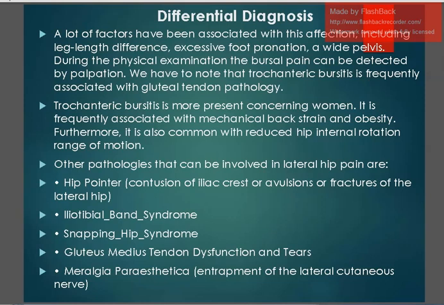Trochanteric bursitis is more present in women, as I said, and it is frequently associated with mechanical back strain and obesity. Other pathologies are contusion of the iliac crest, avulsions or fractures of the lateral hip, iliotibial band syndrome, snapping hip syndrome, gluteus medius tendon dysfunction and tears, and meralgia paresthetica, that is the entrapment of the lateral cutaneous nerve.